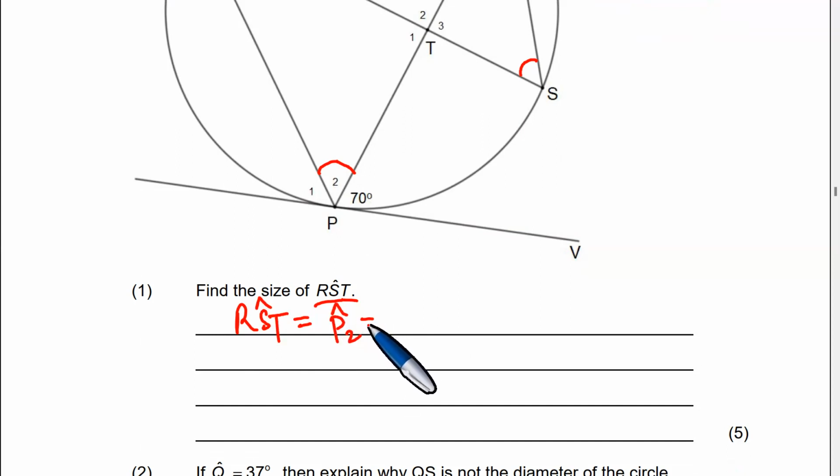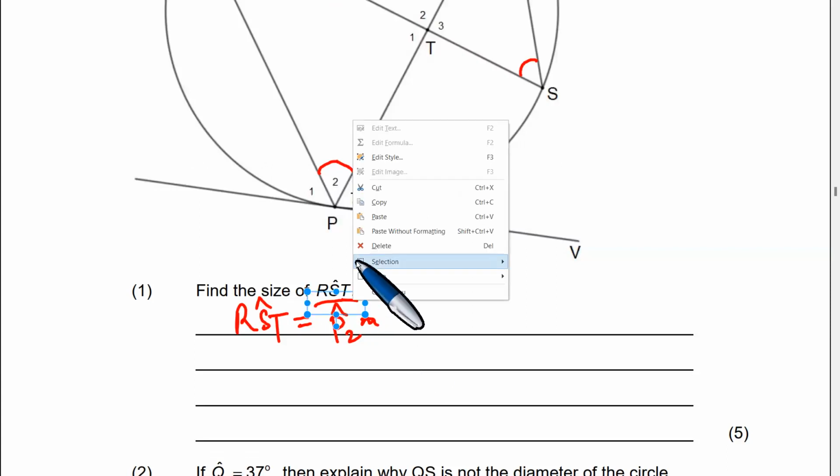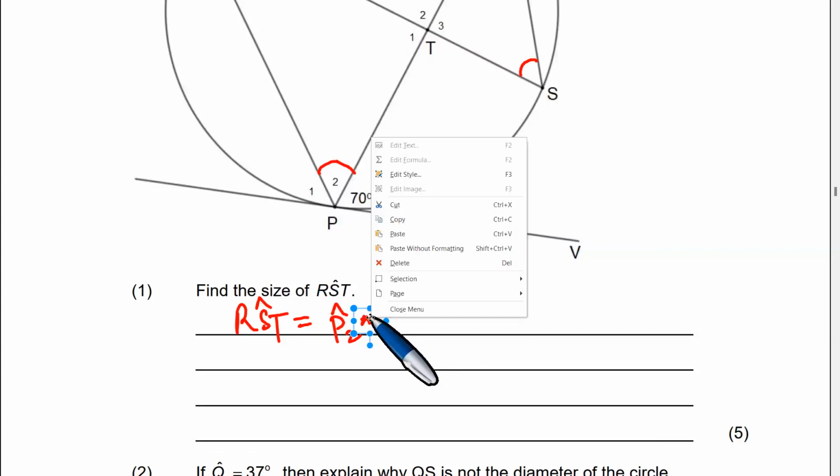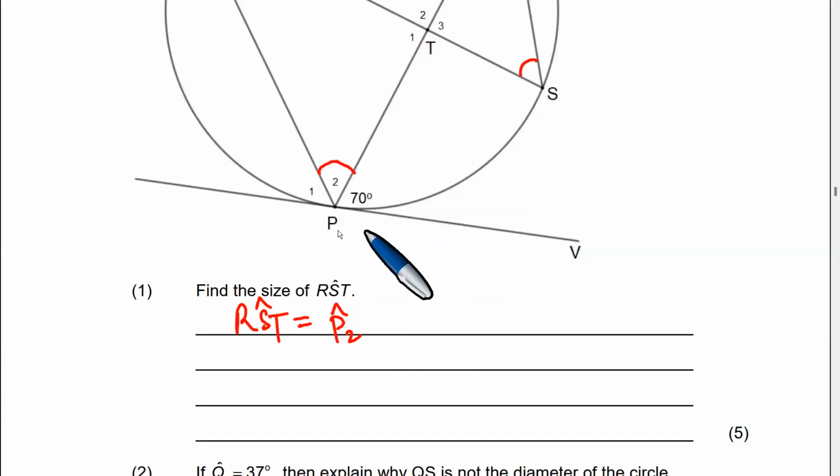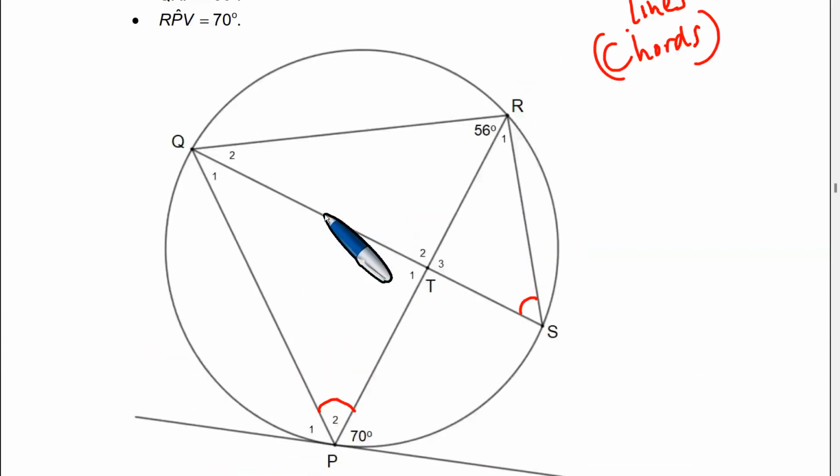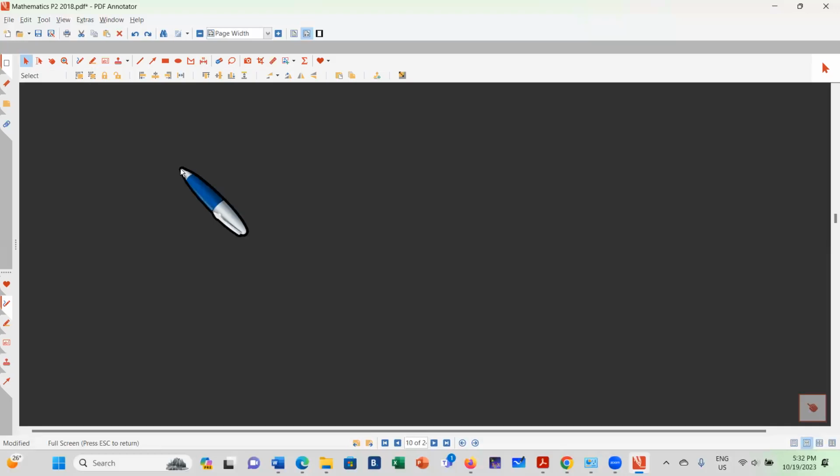Why is angle RST equal to angle P2? As I said, they're angles in the same segment, so angles subtended by the same chord. Because this chord subtends this, and also the same chord subtends that, so they are angles in the same segment.